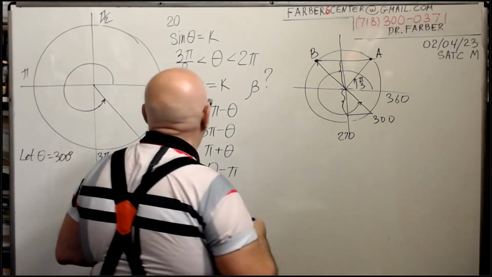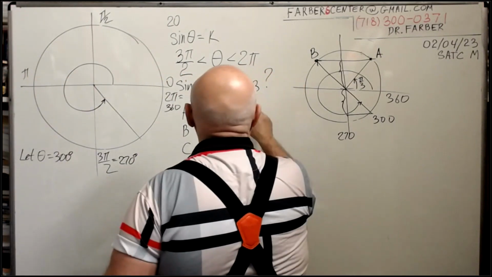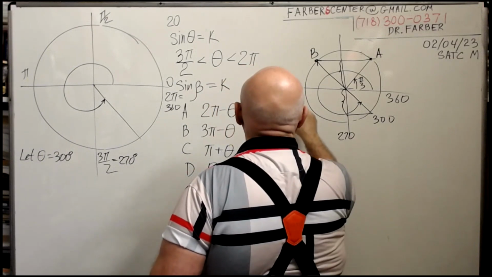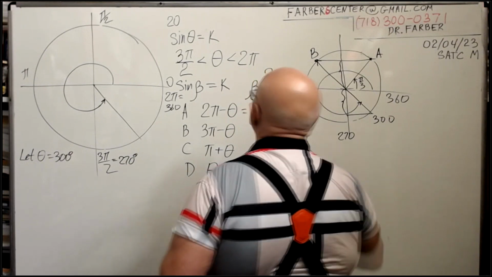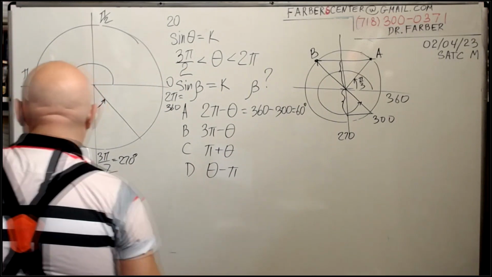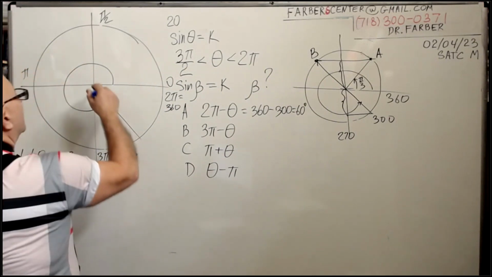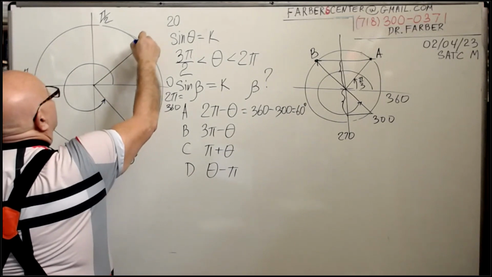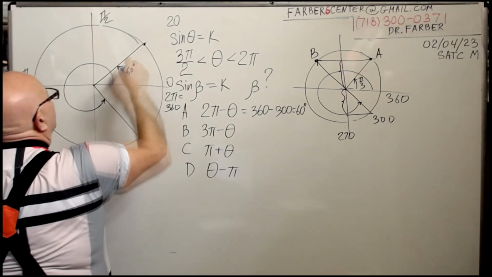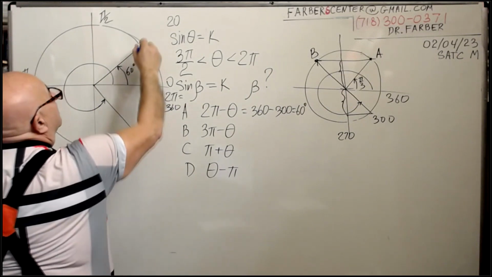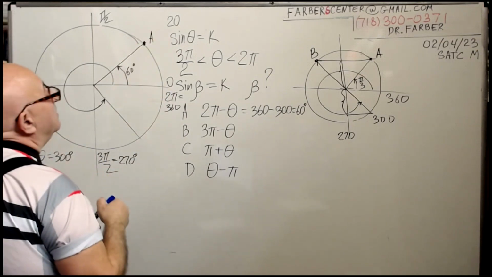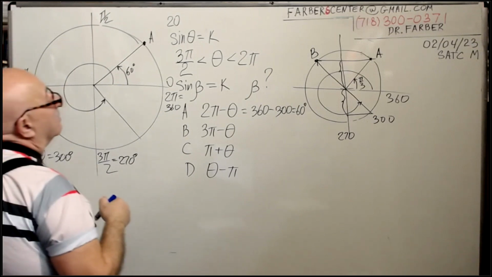It would be 360 minus 300, which is 60 degrees. And this angle is 60 degrees. And this is A. And sine of theta equals k.